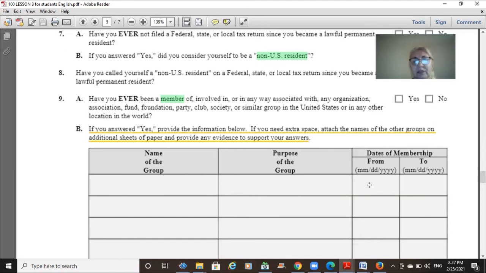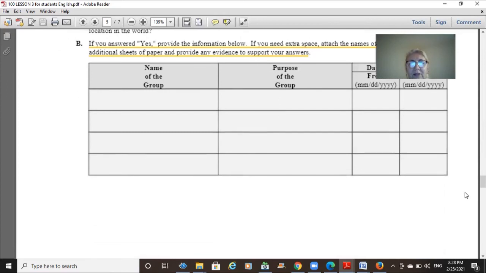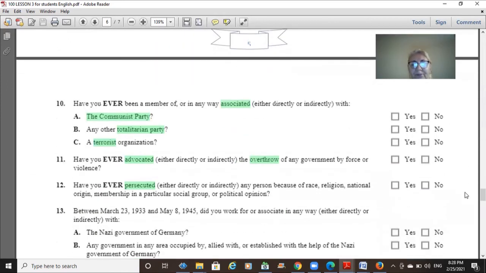And I put the dates when I became a member of that association. And because I'm still a member, I put present under 2. I hope you get the idea. If you have any questions, you may ask me via phone or text message or an email that I provide later.